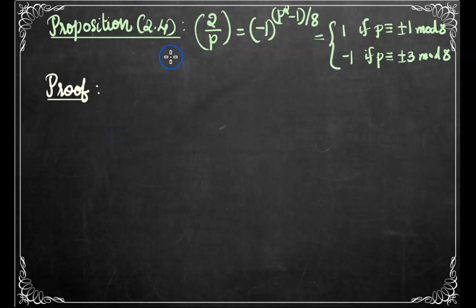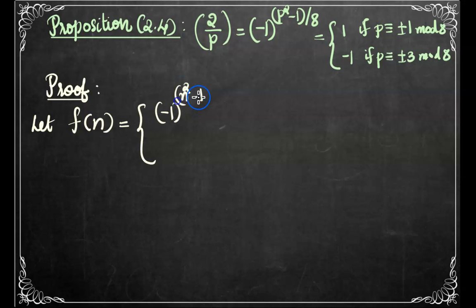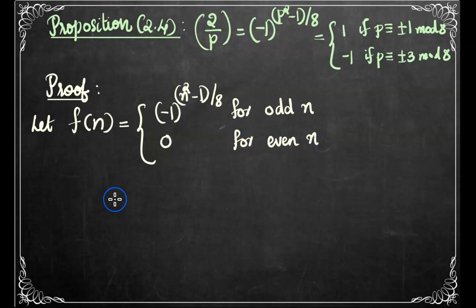For the proof, let us consider the function on the right side of the equation in the statement of our proposition. Let us label it as function f. Let f(n) be defined as (-1)^((n²-1)/8) for odd values of n and equal to 0 for even values of n.